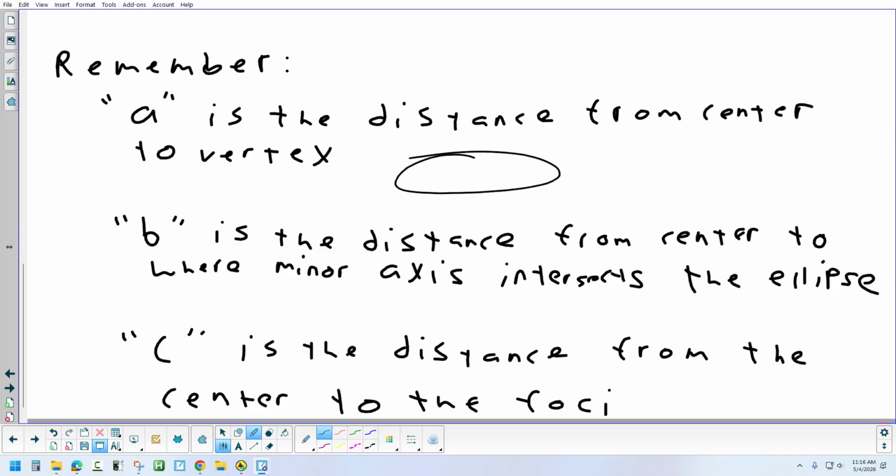So if that's your ellipse, that's a vertex. That's a vertex. Those are going to be A units away from the center. B would give you those 2 dots in green.